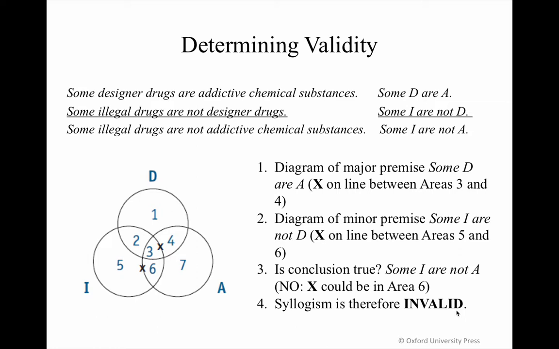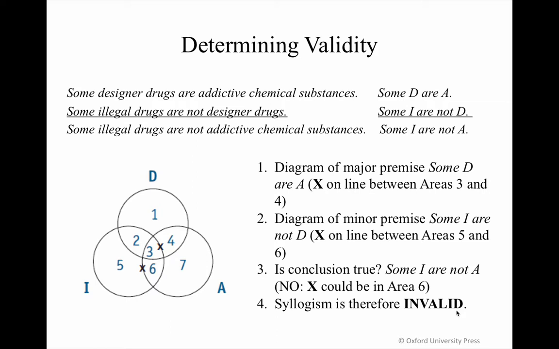Since there are no universal premises, it doesn't matter which premise we diagram first. Let's just go in order. So take a look at the DA overlap. Some D are A. The X goes on the line that crosses sections 3 and 4. That's because we don't know if the D that is an A is or is not also an I.